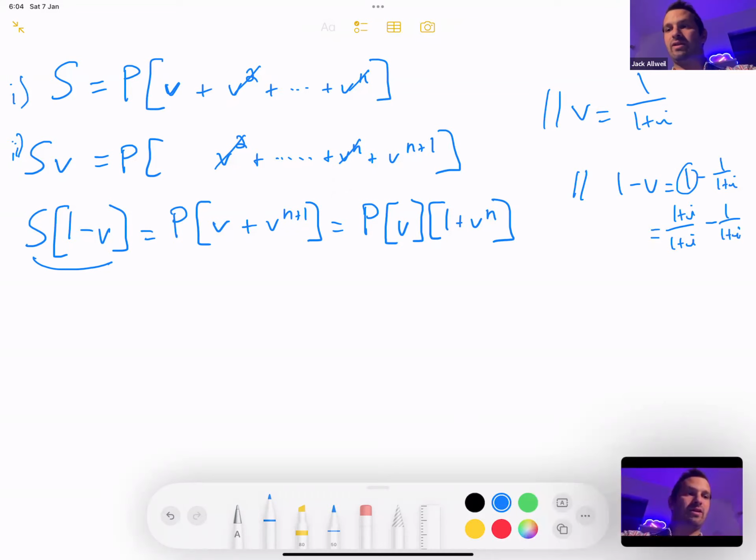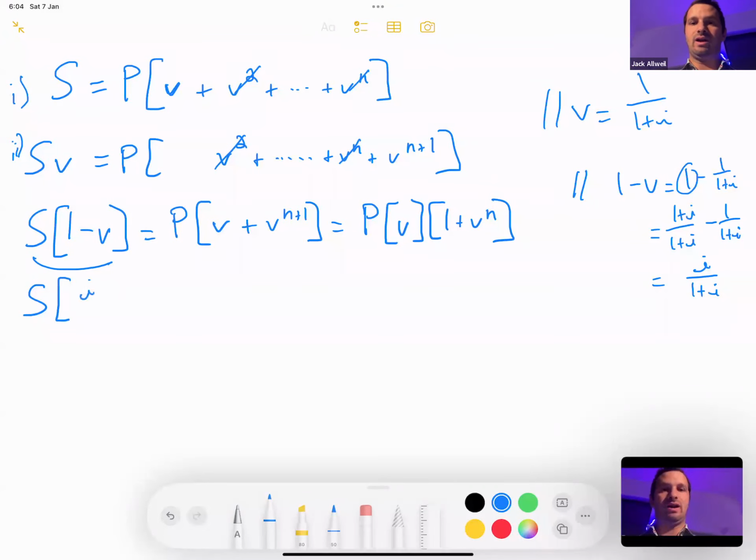And therefore that is also equivalent to i over 1 plus i. So that's all sidebar for saying S times i over 1 plus i equals P times V, and this V, once again, I'll write it as 1 over 1 plus i here just so you can see it clearer.